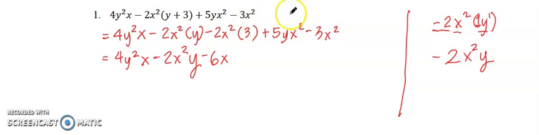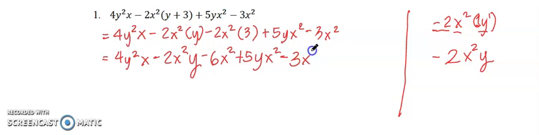And then, like earlier, we just copy the exponent of that variable, since there are no other x variables in our first and second terms. So we just have the square here. This is the product of negative 2x squared times 3. For the rest, again, copy. So that's plus 5yx squared minus 3x squared.